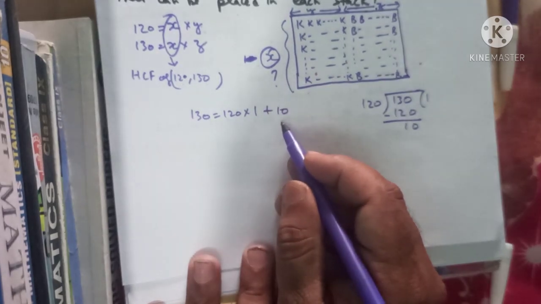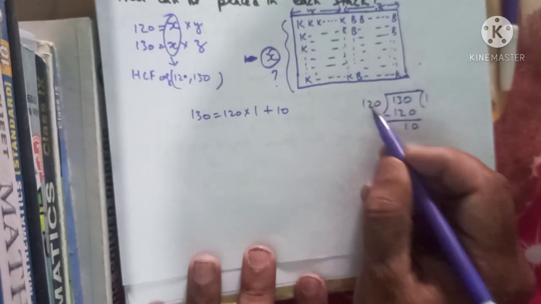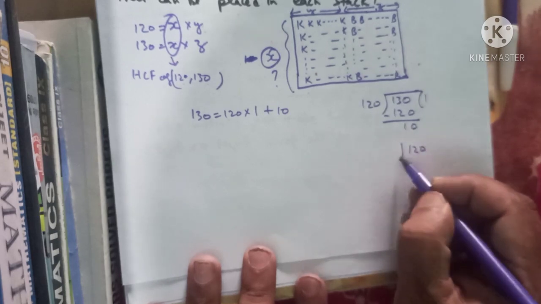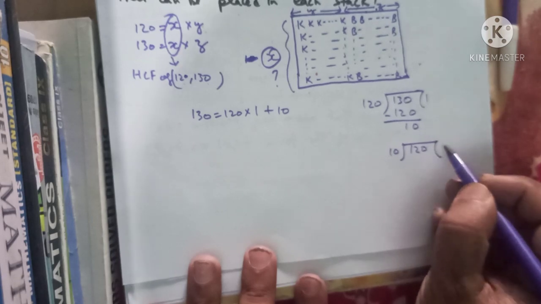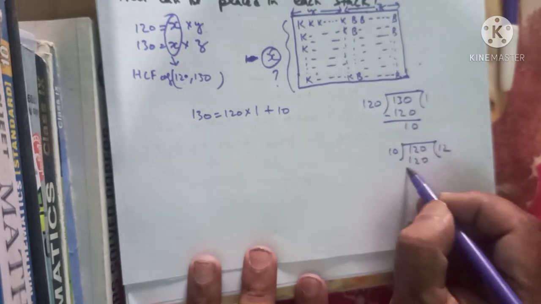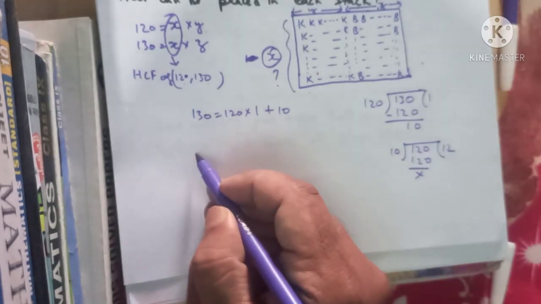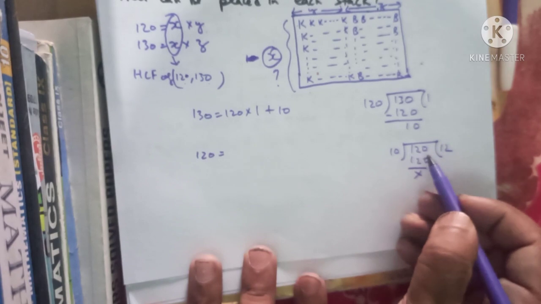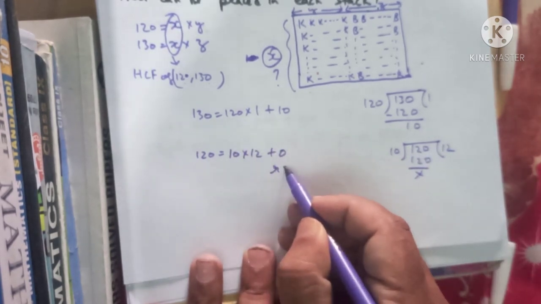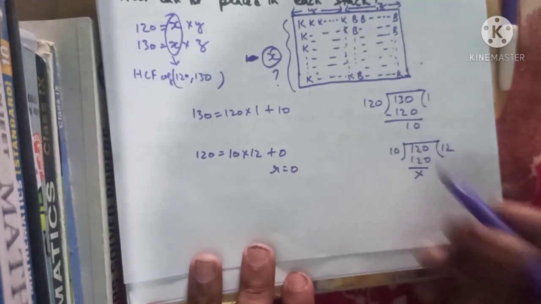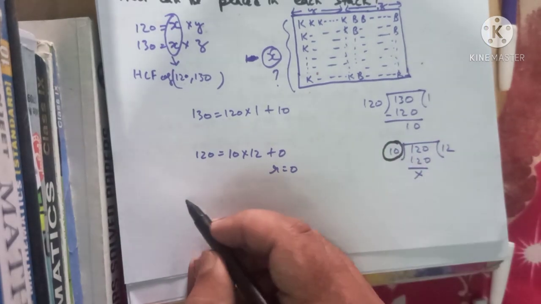Here the remainder is not equal to 0, so we proceed to the next step, where the divisor of the previous step becomes the dividend and the remainder of the last step becomes the divisor. 10 times 12 is 120, so we get the remainder equal to 0, that is 120 equals 10 times 12 plus 0. Since the remainder is 0, the last divisor will be the HCF.